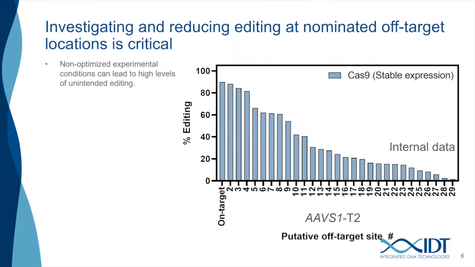So there's continuous expression of the Cas9 complex, which often results in larger amounts of off-target editing. Here we're looking at all the detectable off-target sites from this type of system, and you can see that there can be high levels of unintended editing. At the on-target you're seeing 80% editing, but at 28 other sites we're detecting editing at various levels.